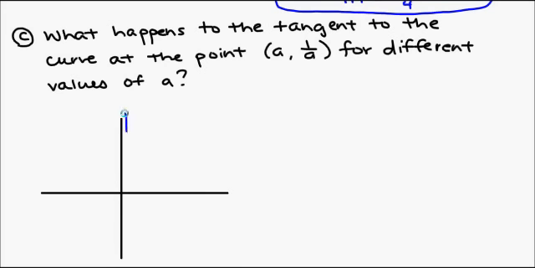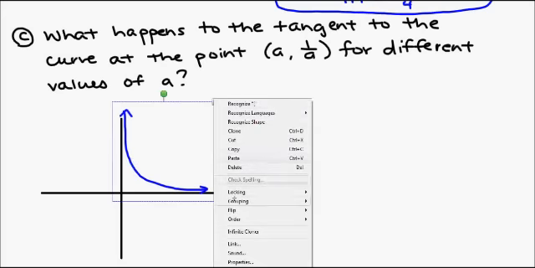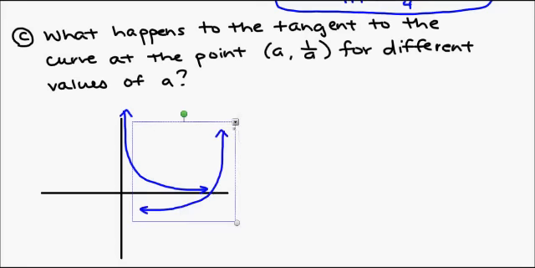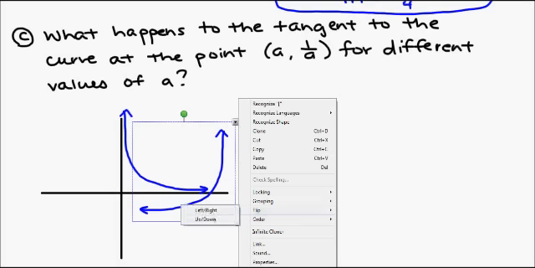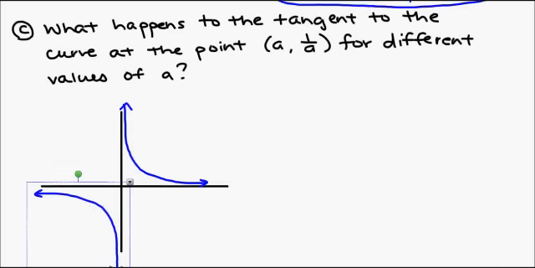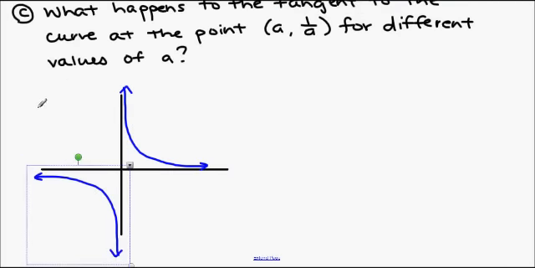And I have a curve this way and another one. Okay, like this. So this is y equals 1 over x, or f of x equals 1 over x.